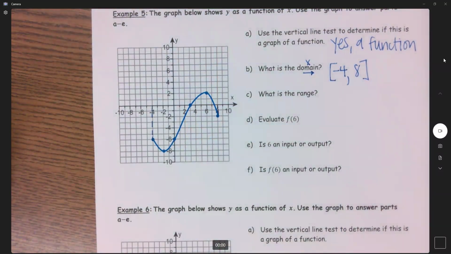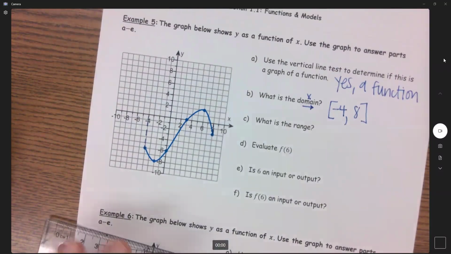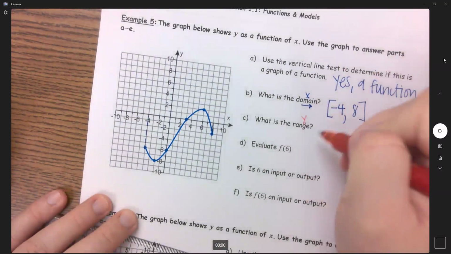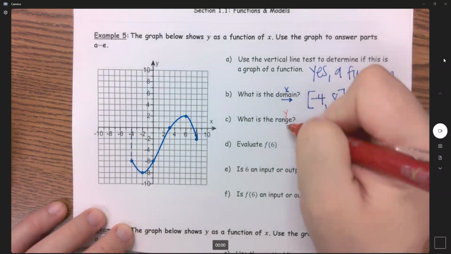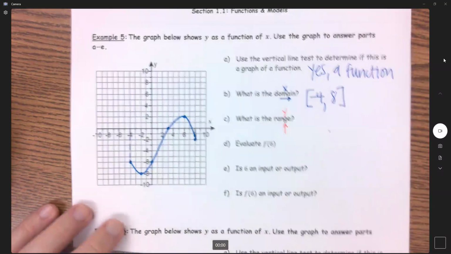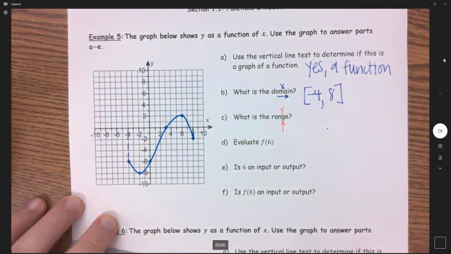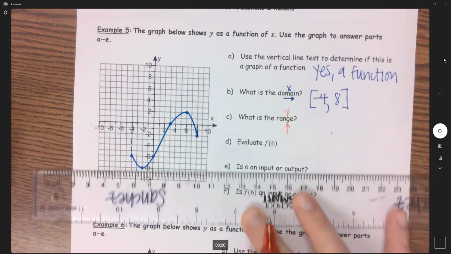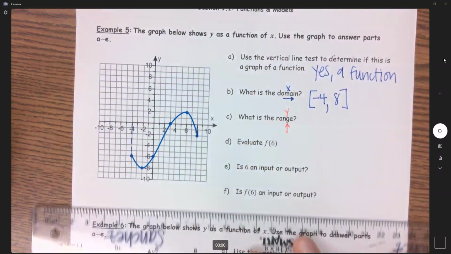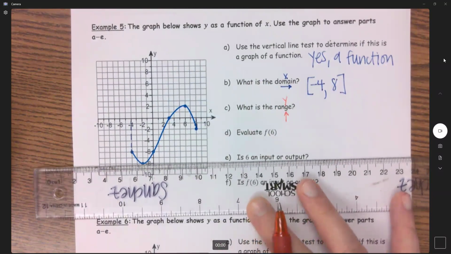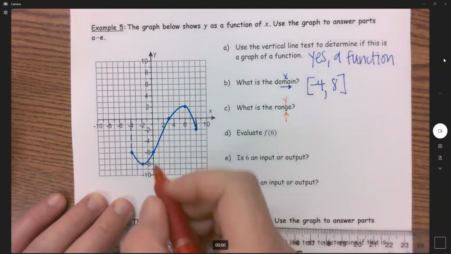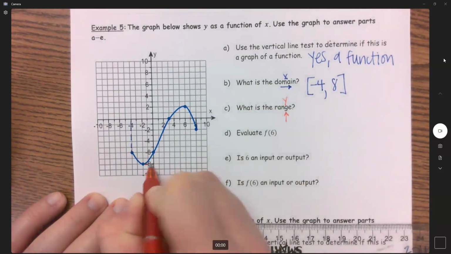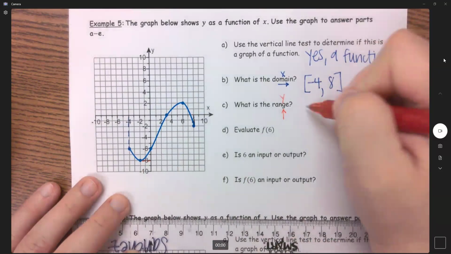Let's try this again with my y. For my y, this is my range. We're talking about my y value. So now I'm looking at the y's, and we're going to go from the bottom to the top. As I go from the bottom to the top, where do I first encounter this graph? Here's where my graph starts, and I have a y value at -8.